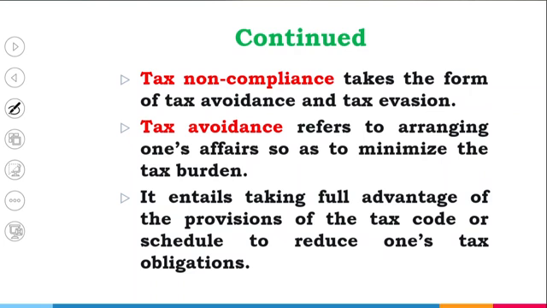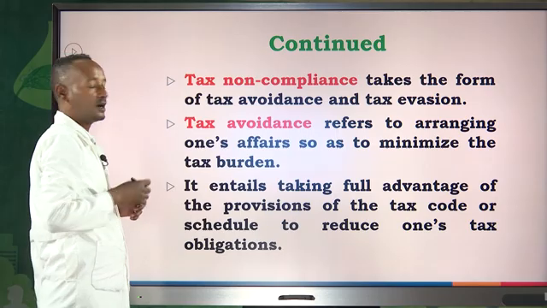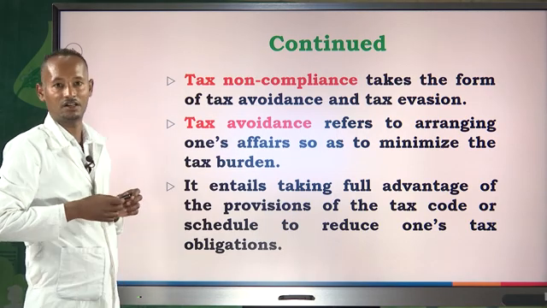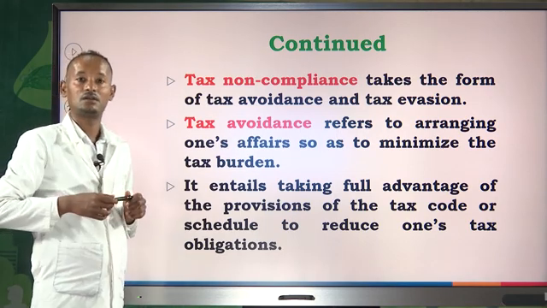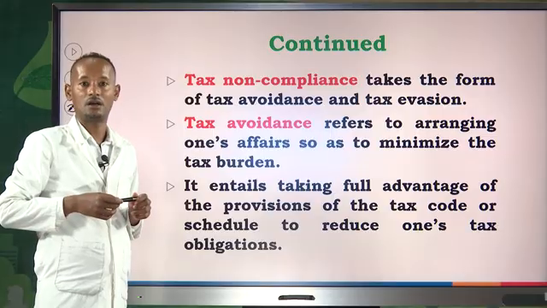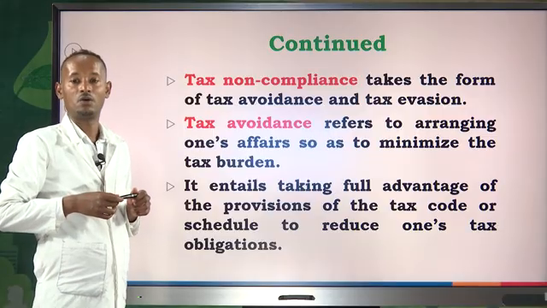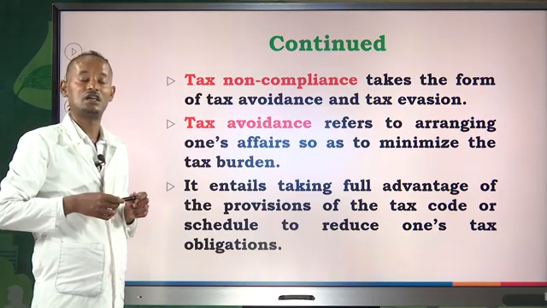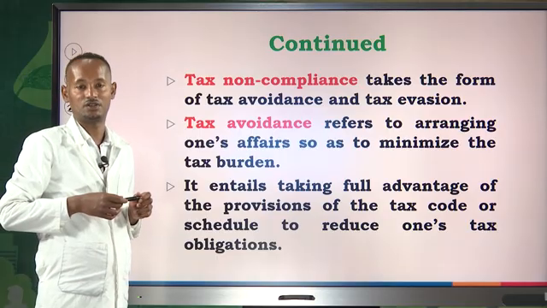For example, an individual with an annual transaction which is greater than 500,000 is registered for the turnover tax. But the turnover tax allows those individuals whose annual transaction is below 500,000.